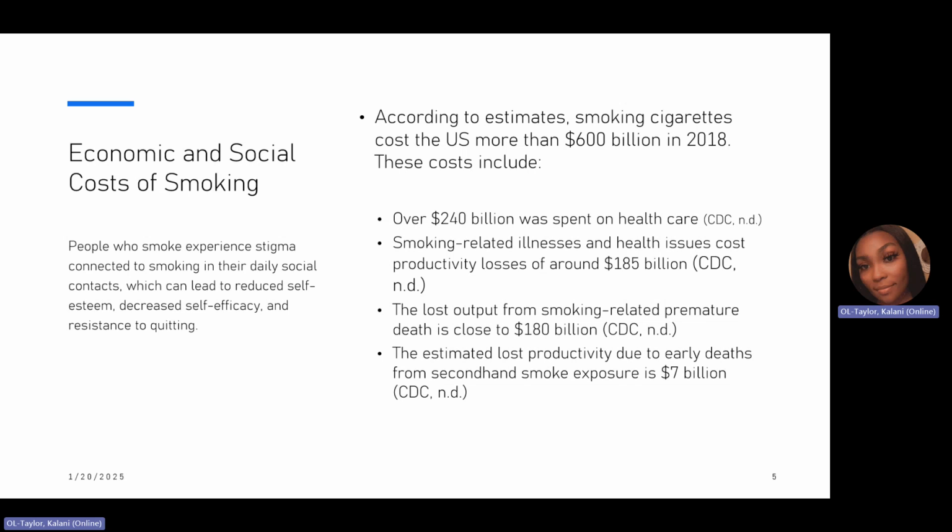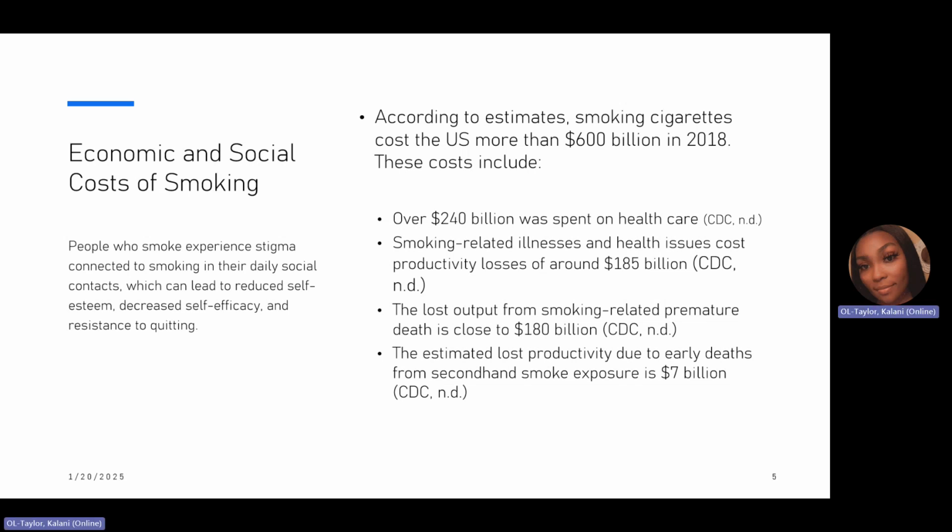So, some economic and social costs of smoking. Of course, there's a stigma that's connected with smoking. In daily social contacts, it can lead to reduced self esteem, decreased efficiency, and resistance to quitting. According to the CDC, again, there's an estimated cost of smoking cigarettes in the United States of more than $600 billion in 2018.